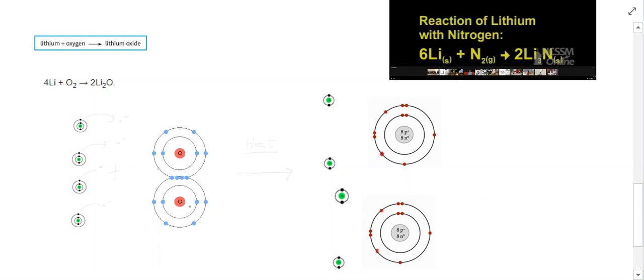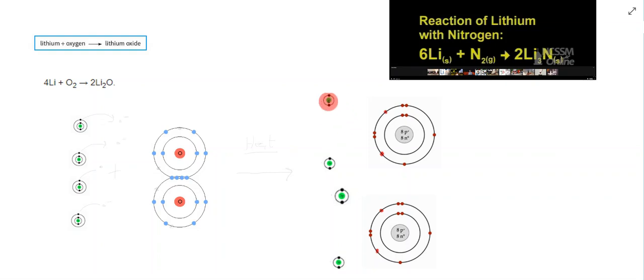As a result, the 2 oxygen atoms are going to split apart. The lithium atoms will become charged positive ions, and the oxygen atoms will split apart and become charged negative ions.